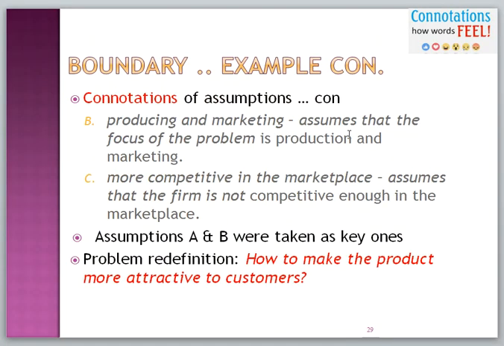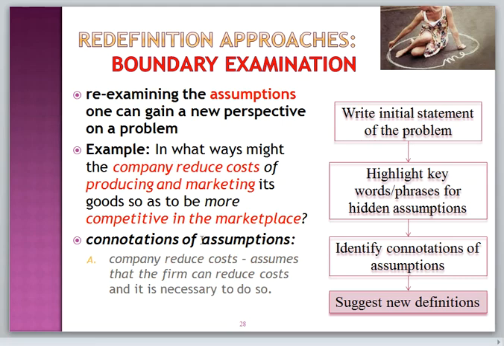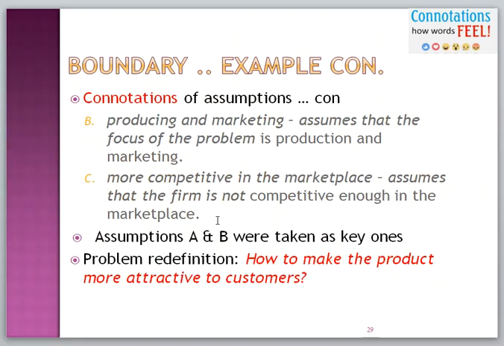The feeling of this keyword assumes that the focus of the problem is production and marketing, right? So we limit our problem definition to these two areas. Let's see the third keyword, competitive in the marketplace. It assumes that the firm is not competitive enough and it needs to be more competitive in the marketplace.